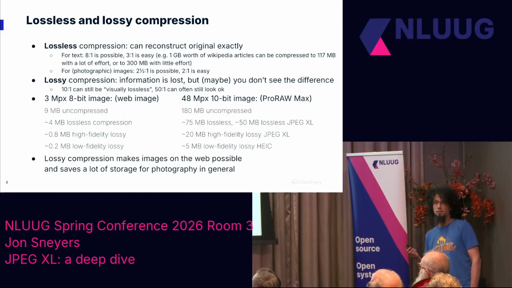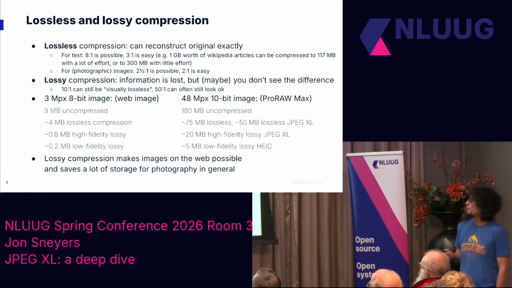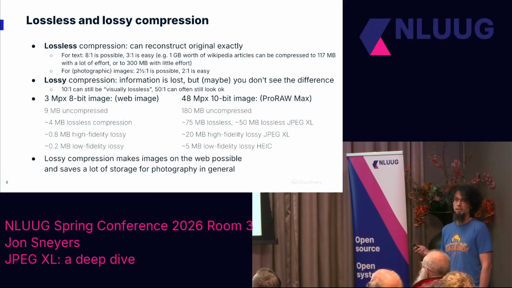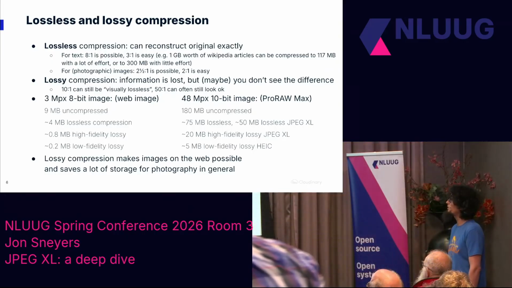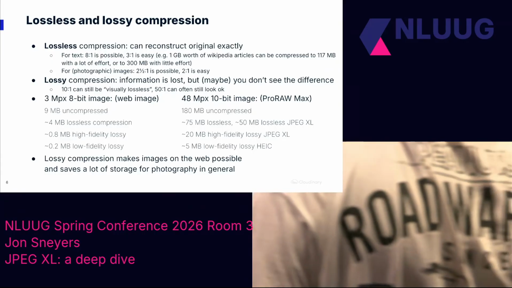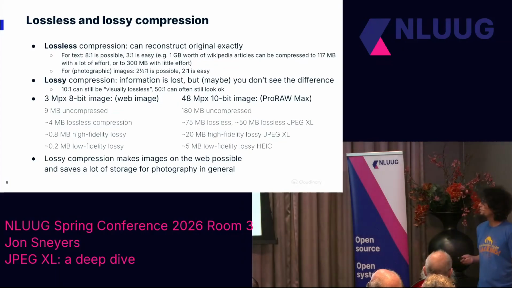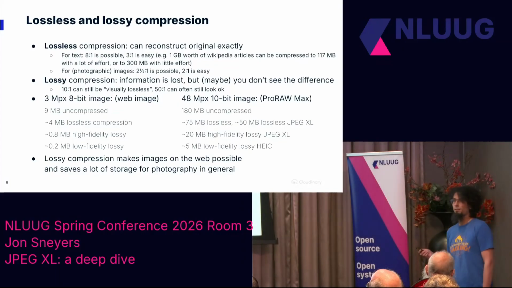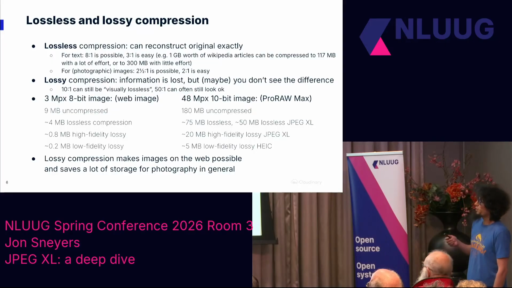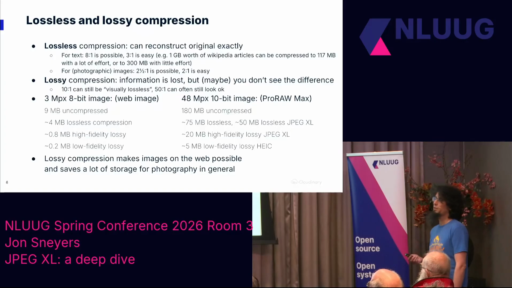For text, for instance, it's generally possible to compress by a factor of 8 losslessly. But for at least photographic images, it's more like a factor of 2, maybe 3 if you're lucky. But for images, we can also do lossy compression, which means we do lose information, but maybe you don't see the difference.